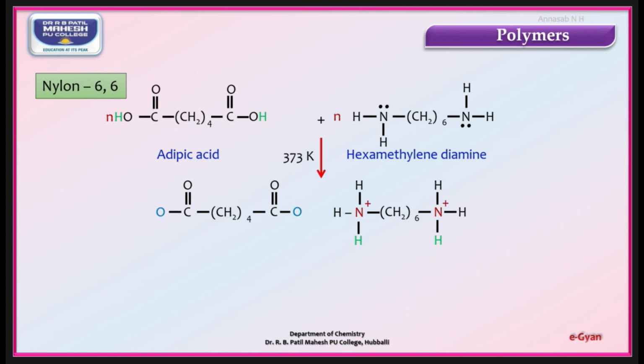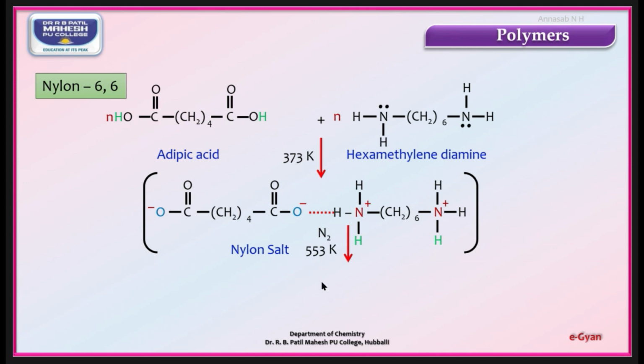The nitrogen atom which gains the hydrogen atom gets a positive charge, and the oxygen atom which loses the hydrogen atom gets a negative charge. And there is a formation of bonding, and as it contains a plus charge and a minus charge, we call this nylon salt, which undergoes further rearrangement at the temperature 553 Kelvin in the presence of an inert atmosphere of nitrogen.